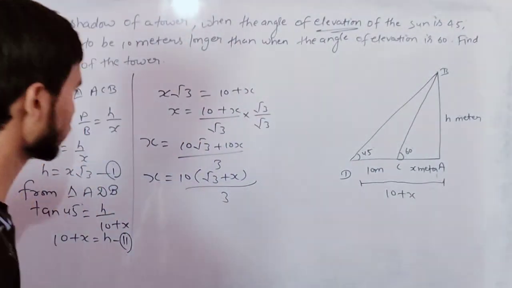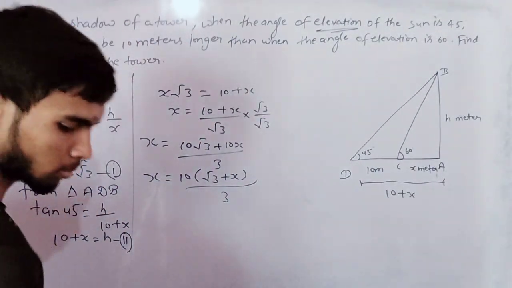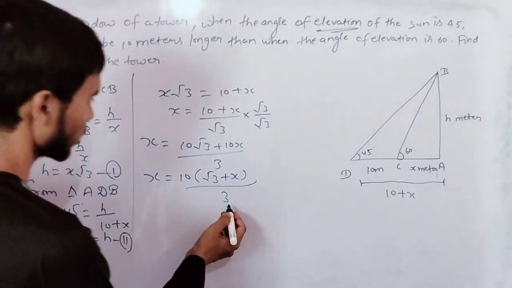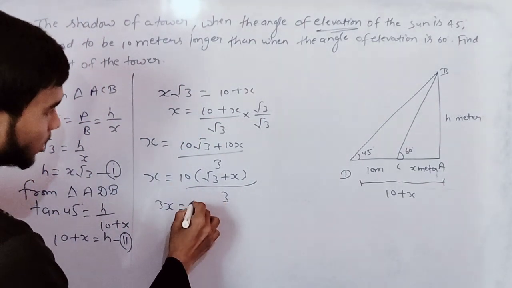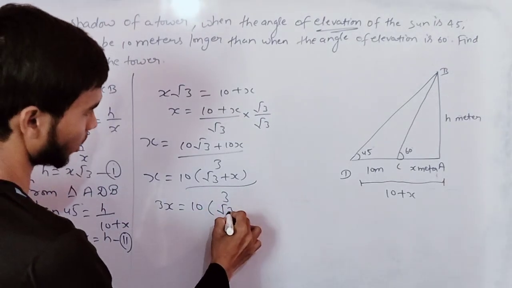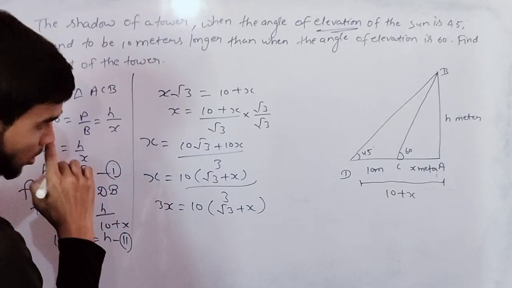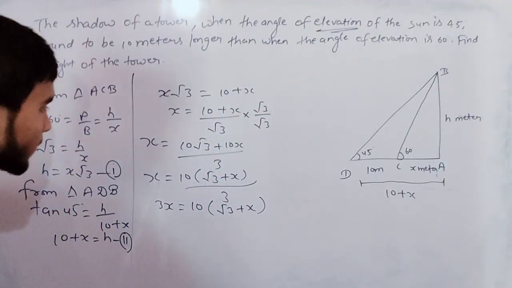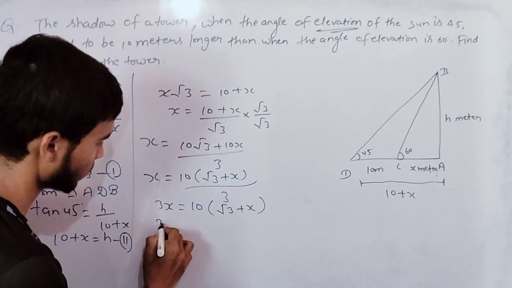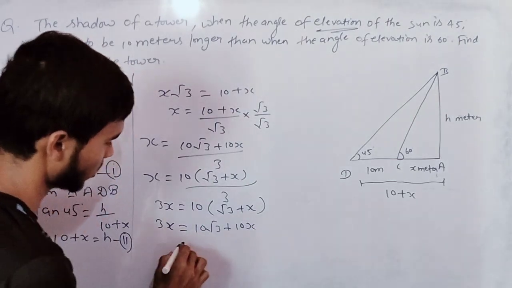So what will I do? 3x equals 10 root 3 plus x. Okay. What else? 3x equals 10 root 3 plus 10x.